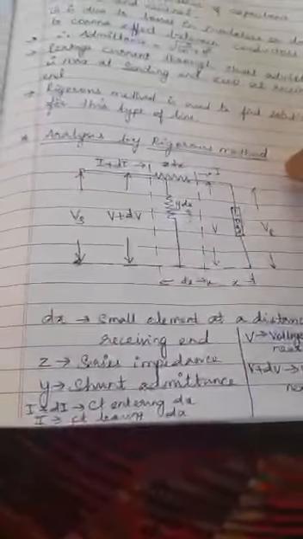So for this type of long transmission line, we have to use a rigorous method for determining the performance of the line. Now let us analyze the long transmission line by using the rigorous method.